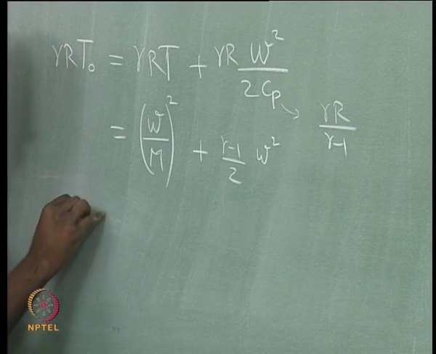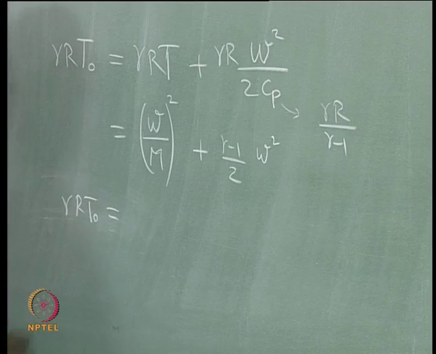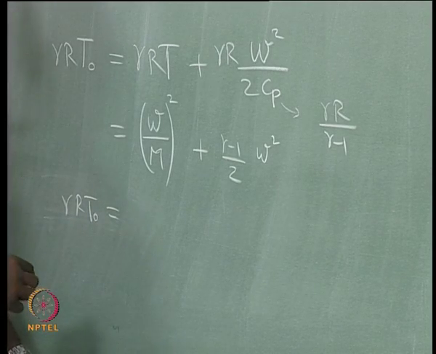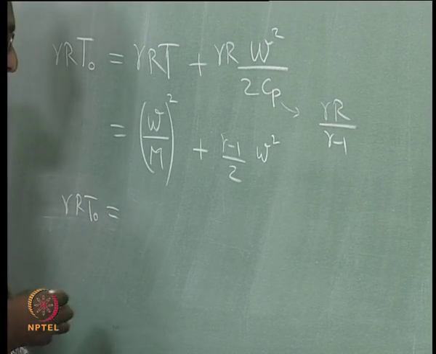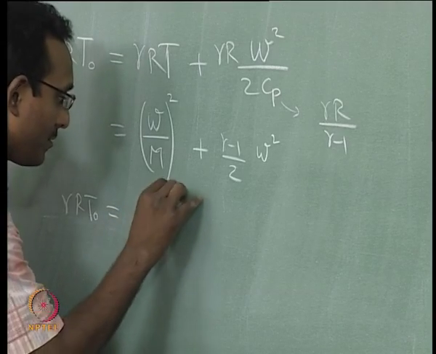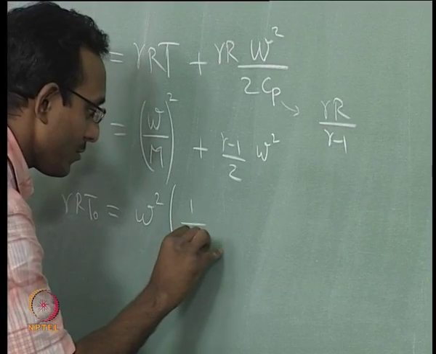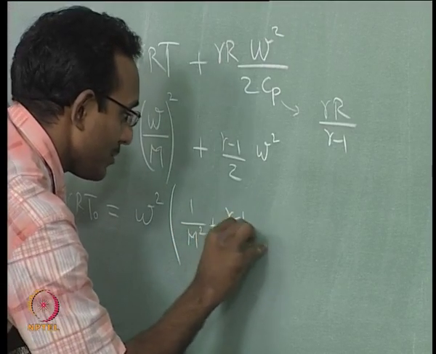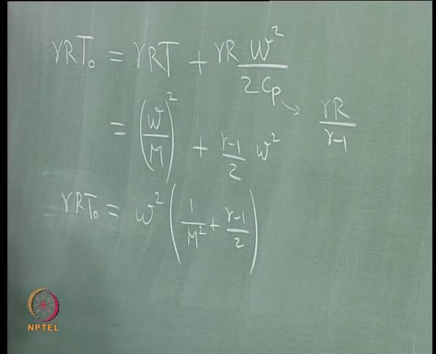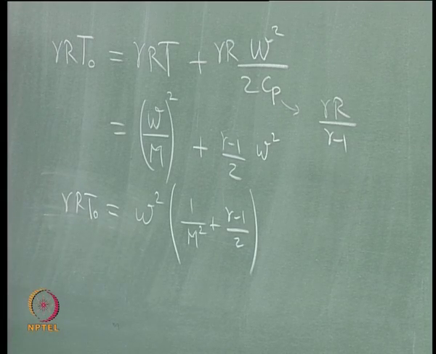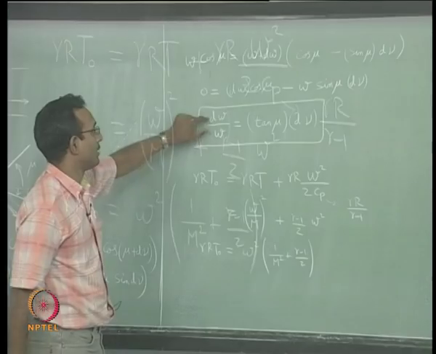Now, I will go gamma r t naught. Now I have to group them in such a way that all the w's are out, 1 by m square plus gamma minus 1 by 2. I have this form here, I have to get here dw by w.